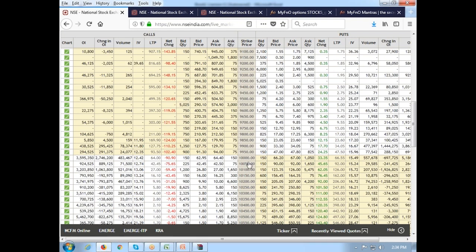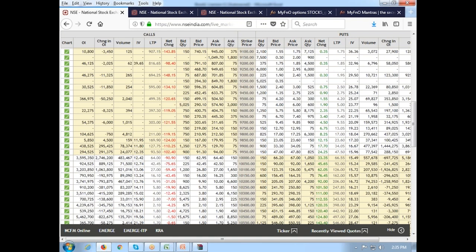If you are buying a 10,000 call option, that means I want to buy the underlying at a cost of 10,000 by paying this premium. If somebody buys 10,100, that means I want to buy Nifty at 10,100 by paying this premium. At 10,200, I want to buy Nifty at 10,200 by paying this premium. So the farther you go, the less premium you have to pay.